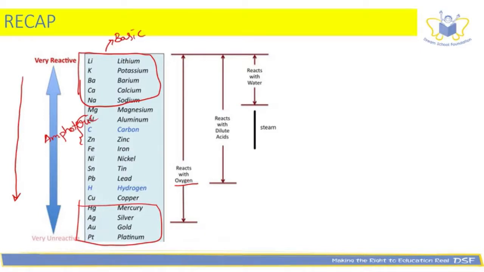And we also saw how they react with dilute acids. Any metals that are placed above hydrogen have the ability to displace the hydrogen in the acids and release it as hydrogen gas. Then when it comes to water, we saw that the reactivity obviously goes up as you go higher in the reactivity series, and again they form metal oxides, some of which are basic and some of them are amphoteric in nature.